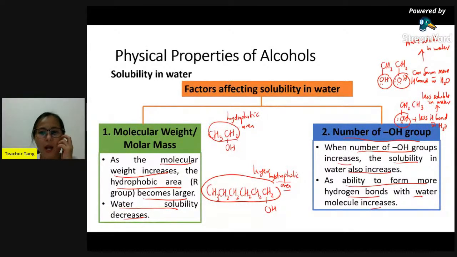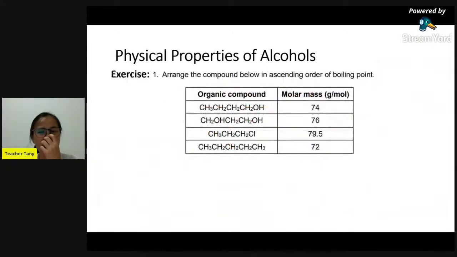Okay, so now shall we move on to look at the exercise? The question asks you to arrange the compounds in ascending order of boiling point. So how to do this? Can you see that their molar masses are almost the same?